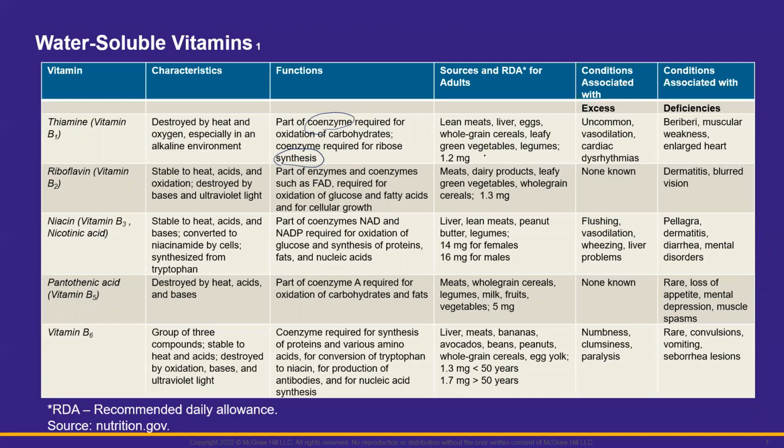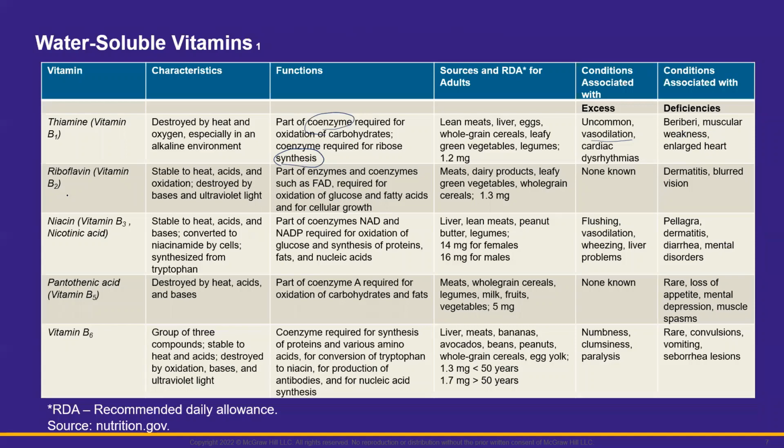The recommended allowance is 1.2 milligram. Excess of vitamin B1 can cause vasodilation, which is the widening of the blood vessel, and cardiac dysrhythmias, and deficiency can cause beriberi, muscular weakness, and enlarged heart.